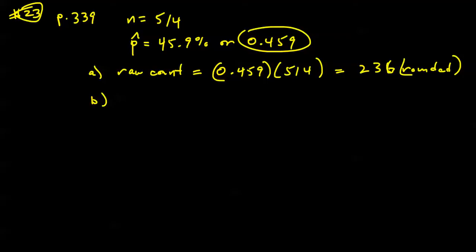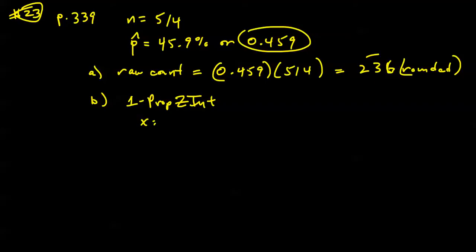B. Construct a 99% confidence interval estimate of the proportion of all human resource professionals believing that body piercings and tattoos are big grooming red flags. Alright, so let me cut right to it. I'm going to use my one prop zint command. Again, you get there through the stat button and the test submenu.